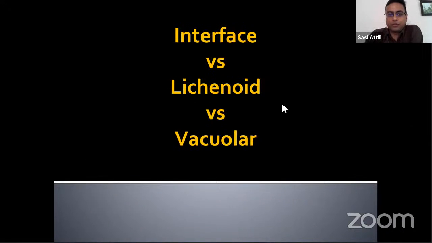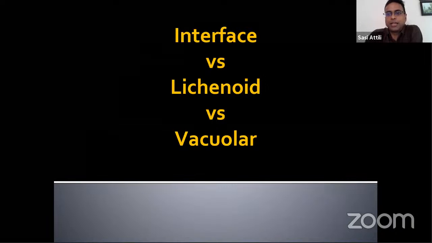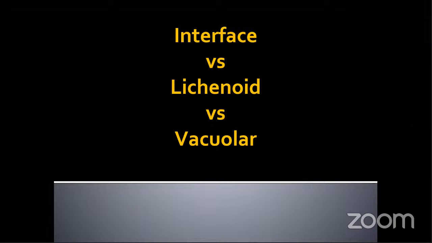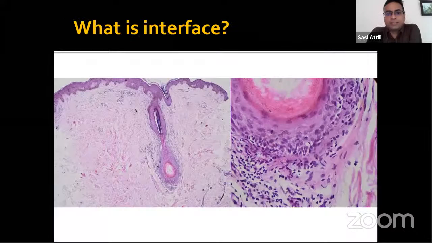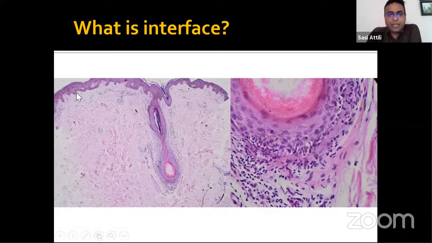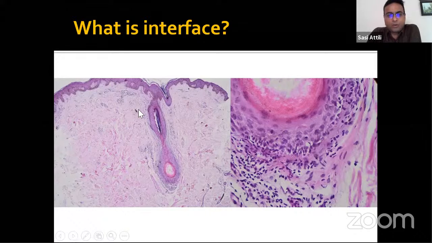Now, this is a very confusing topic. What is interface dermatitis? What is lichenoid dermatitis? What is vacuolar dermatitis? These are all used interchangeably by a number of authors, and this can be quite confusing to a novice. Well, what is interface? Interface basically refers to the junction between the epidermis and dermis, and this extends down the adnexa, down the follicular units.